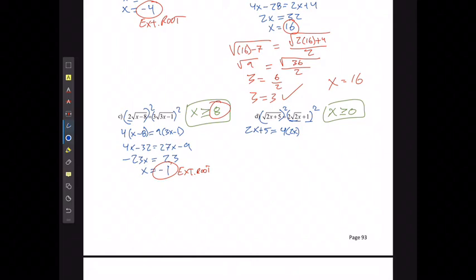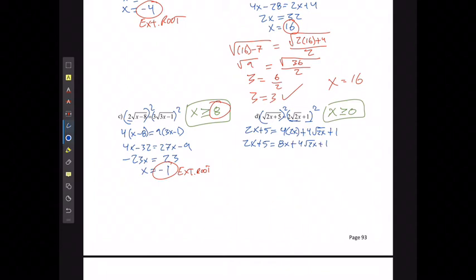And I can say that this is going to be plus 4 root 2x. And the last one is going to be the last term squared, which is just going to give me plus 1.